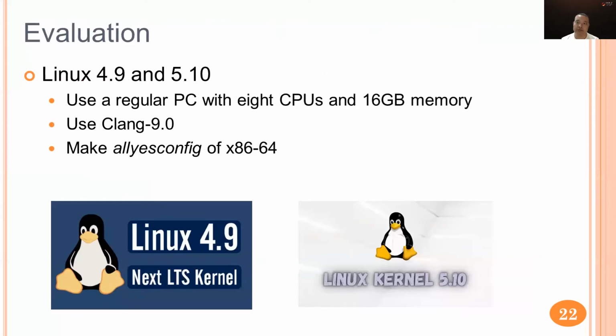In the evaluation, we use DLOS to check the source code of Linux 4.9 and 5.10. The evaluation runs on a regular personal computer. We use Clang 9 to compile the kernel code with the configuration of allyesconfig.